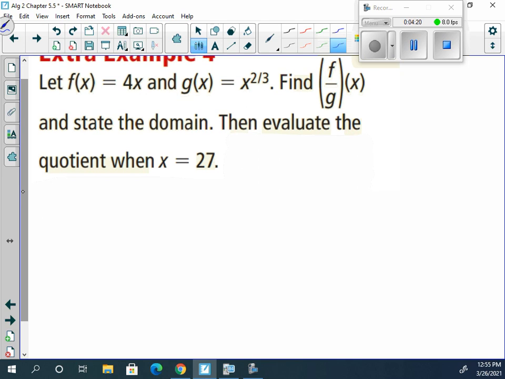All right, let f of x be 4x and g of x be x to the 2/3.